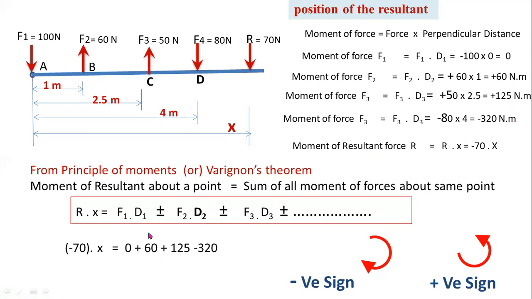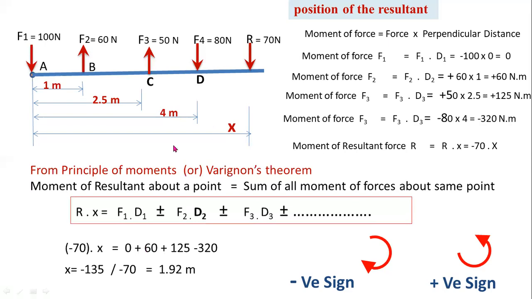These 4 are the individual forces, and this one is the resultant of these 4 forces. From this equation you can get the value of x equal to 1.92 meters.